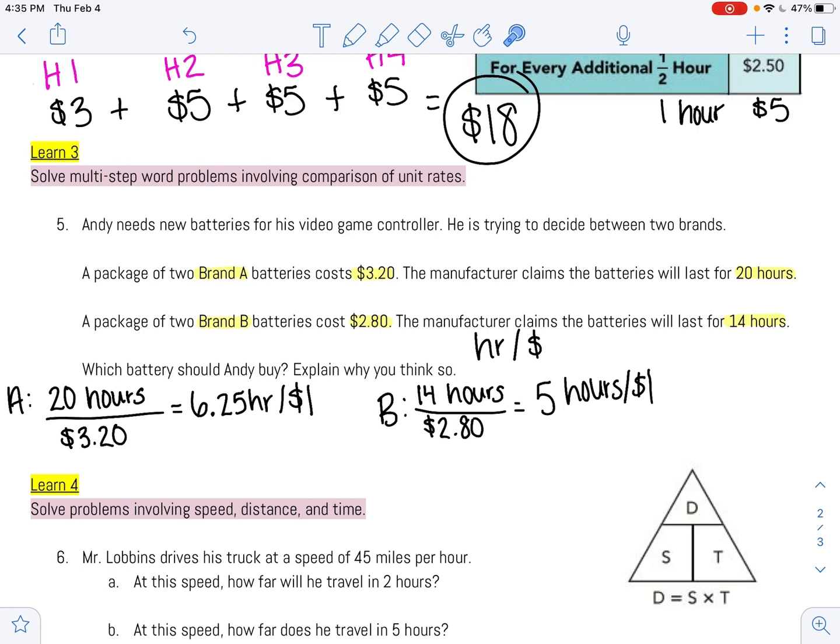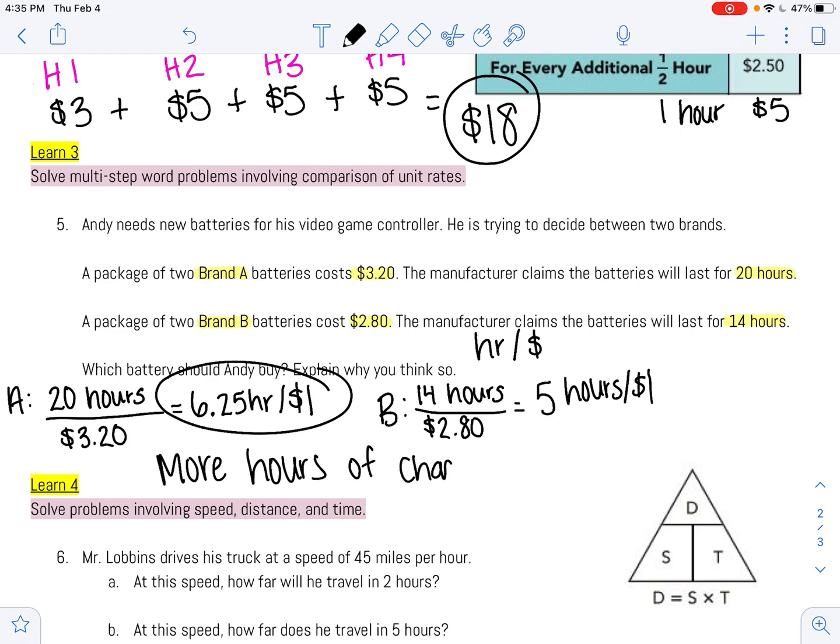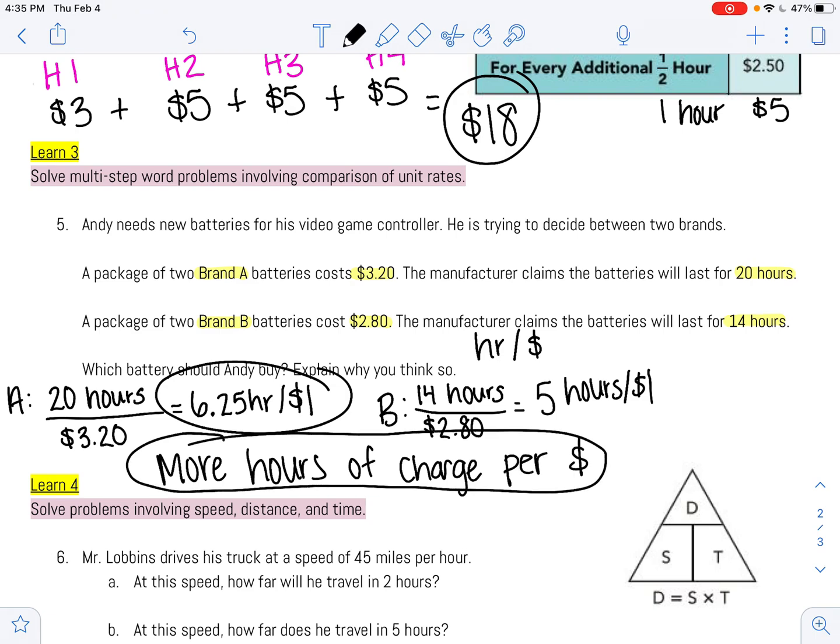So taking a look here, 6.25 is bigger than 5. So brand A is what we should buy, or what he should buy, because there are more hours of charge per dollar. It's going to last longer per dollar.